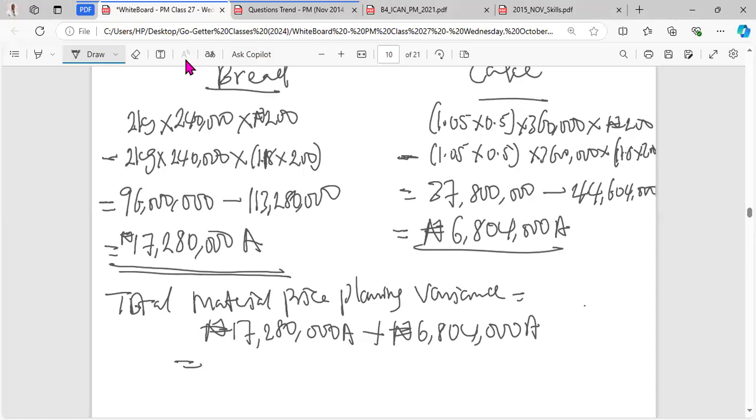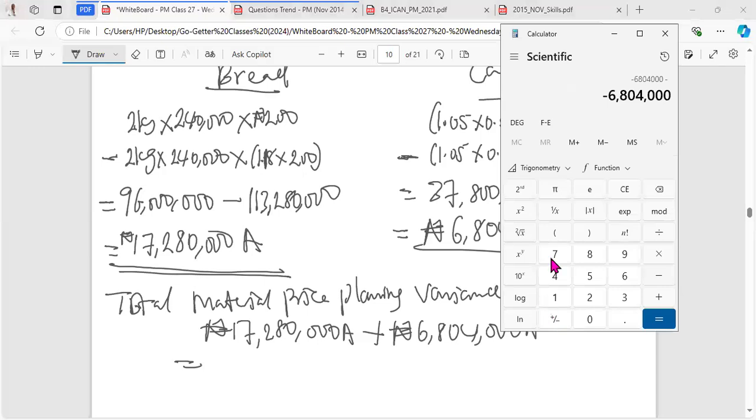Let's drag it down here. We have this in our calculator. 17,280 plus 6,804 gives us 24,084.